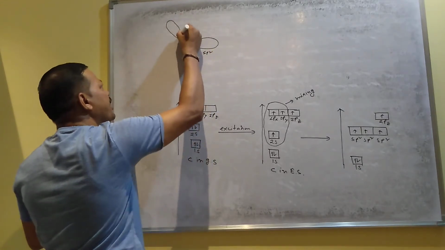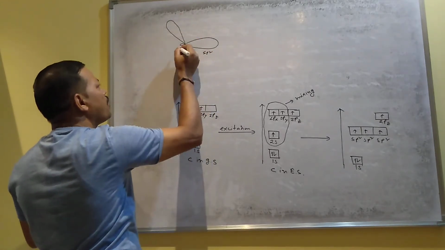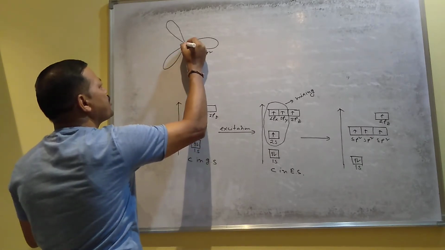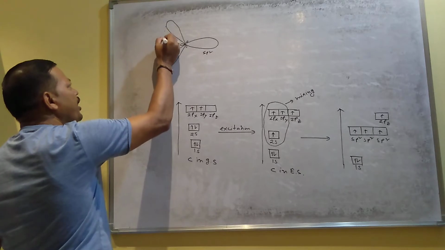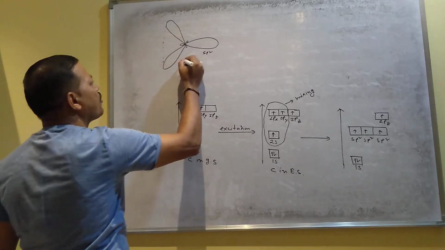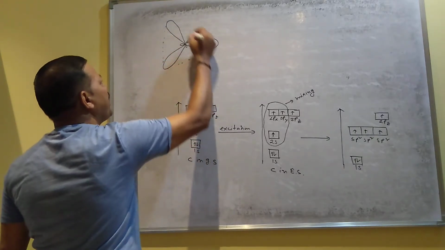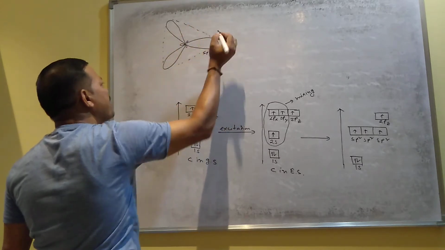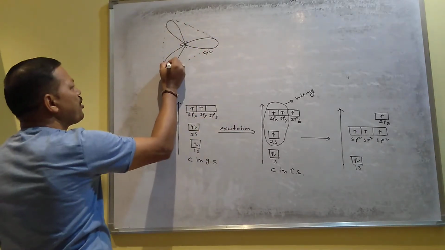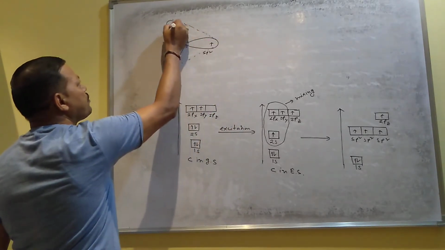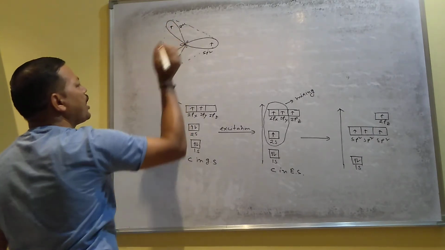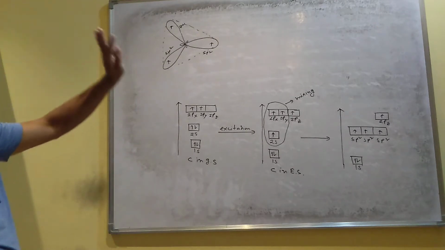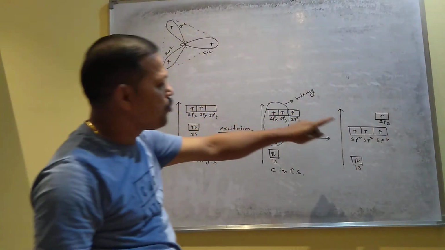Another will be present like this, and another will be present like this. And this is called a triangular shape, and they are in a planar structure. Every one contains one electron, and these are the sp2 hybrid orbitals of carbon. So these are 3 sp2 hybrid orbitals produced.